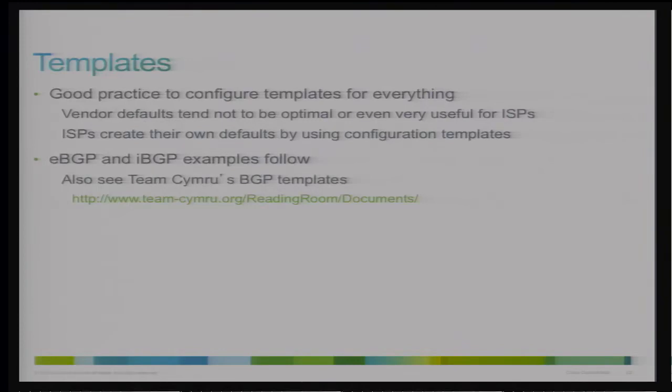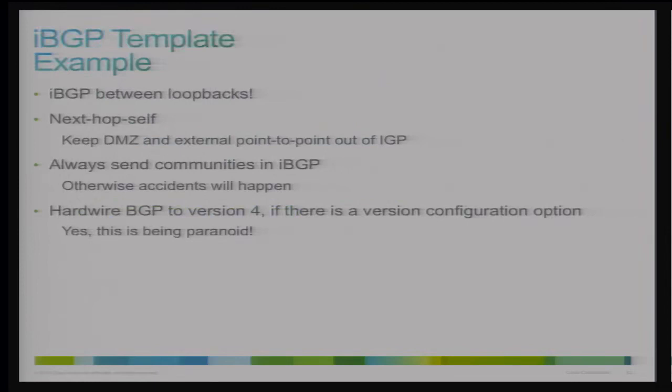Some recommended templates are available on the Team Cymru site. Again, I forgot how to pronounce it, but it's not pronounced that way. A typical IBGP template will have next-hop-self, and also enable sending communities.